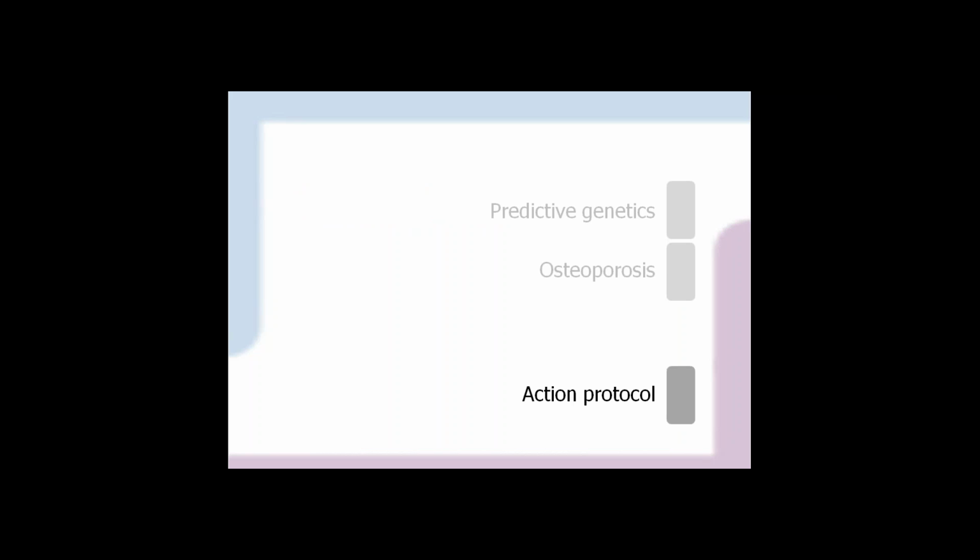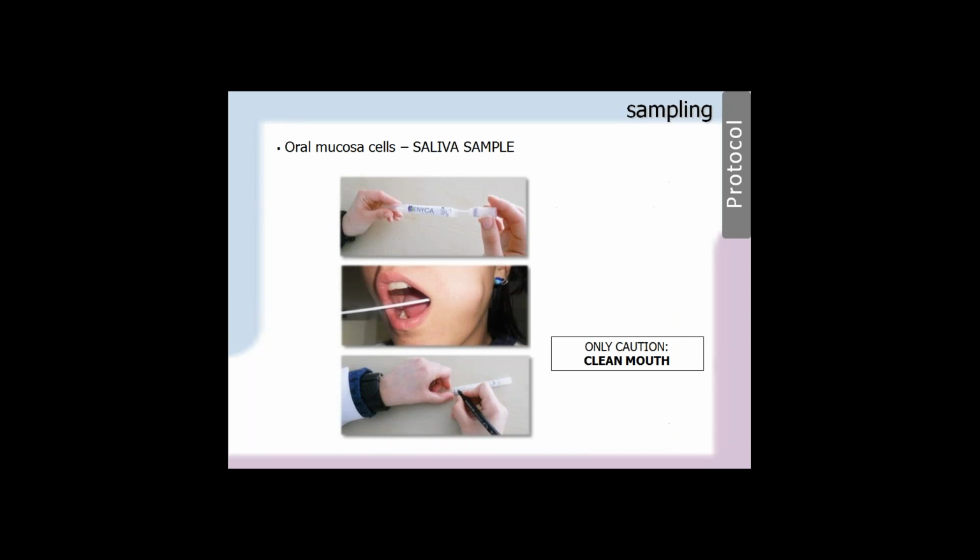Now we'll explain how to make this genetic test. We are going to take oral mucosa cells or saliva sample. We are going to receive a couple of swabs for each patient. We open the package, breaking the security seal, and remove the swab without touching the cotton swab.